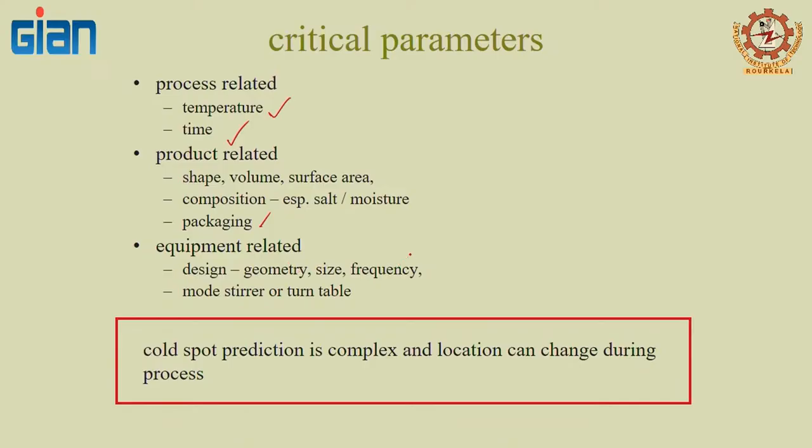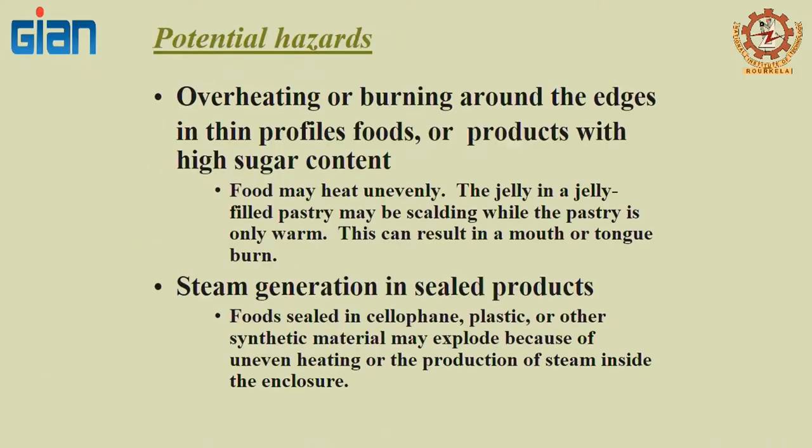What frequency you are operating at, and whether or not you have an agitator in the system, are going to play an important role. When you are cooking foods with microwave, because of the uneven heat, especially when you have high sugar content, you can have a scalding effect, because a portion of the sugar is going to get very warm, and that can result in mouth or tongue burn.